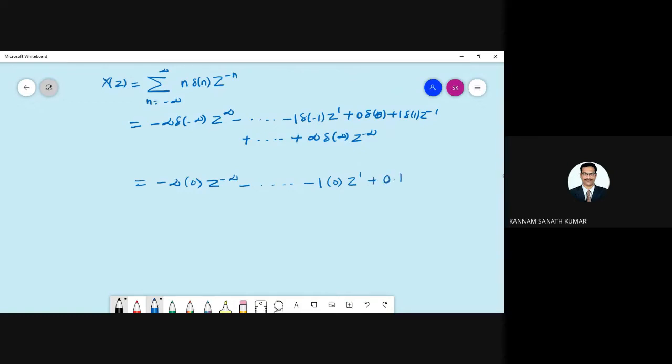So del of 0 equal to 1, plus 1 into 0 z power minus 1, plus so on, plus infinity into 0 z power minus infinity. Okay, so that means all the terms will be 0. So anyway, 0 into 1 is how much?